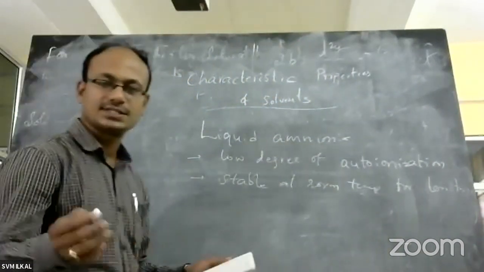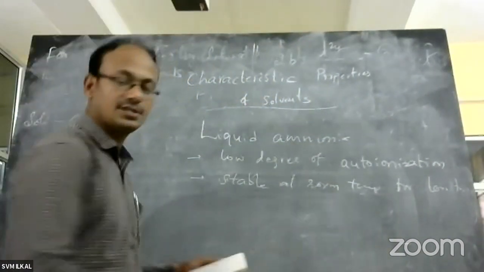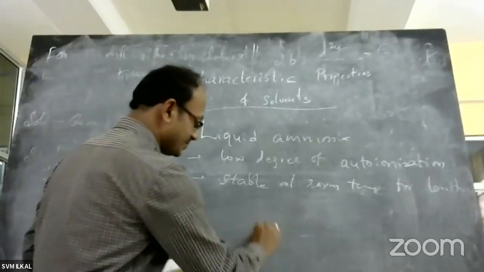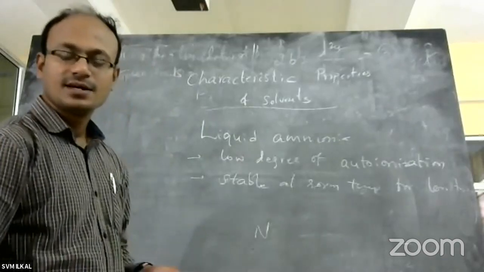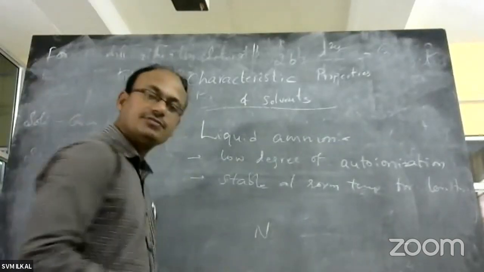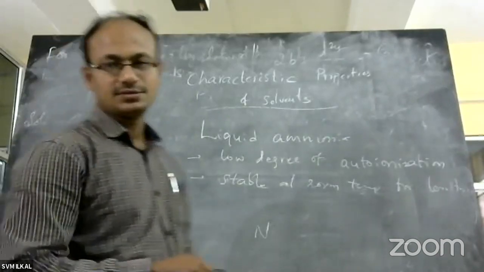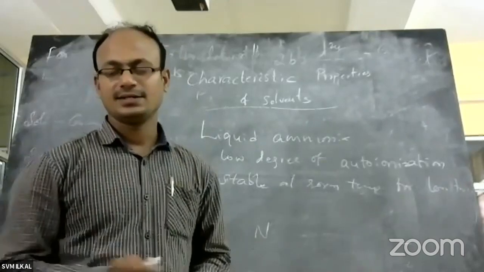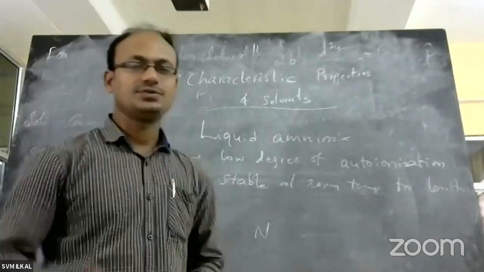Story in the sense that you should have a clear idea about the structure of ammonia. This is a fundamental thing, like the valency theory, but of course you should know this.